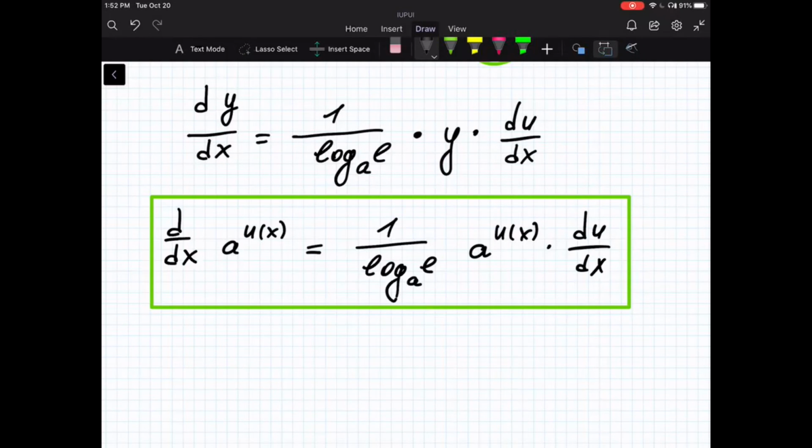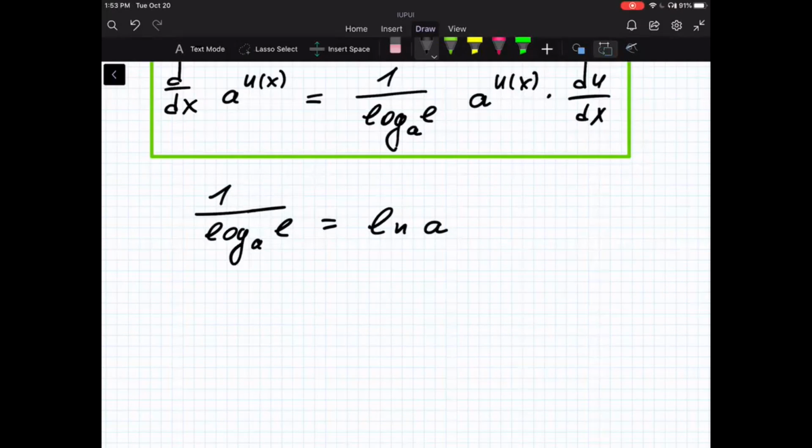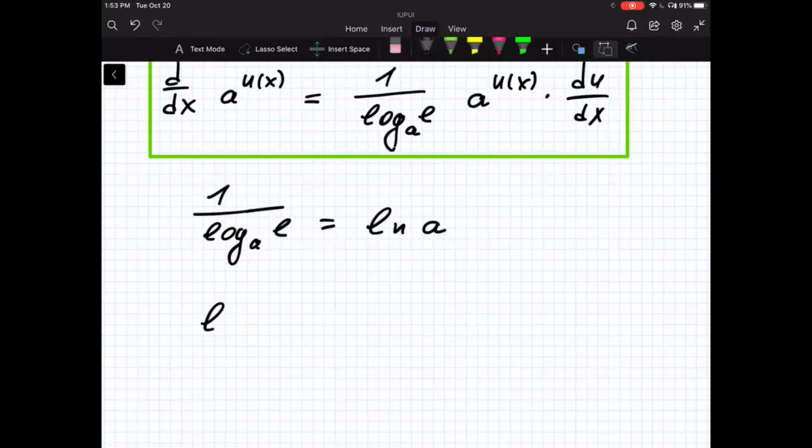We can simplify it further. 1 over logarithm of e with base a is equal to the natural logarithm of a. We discussed it last time. Let's do it again. Recall that there is a change of base formula.